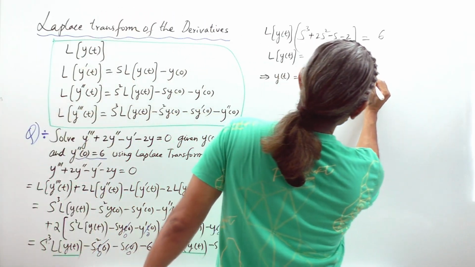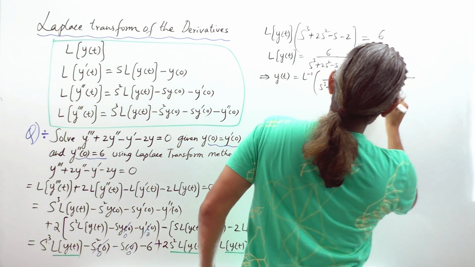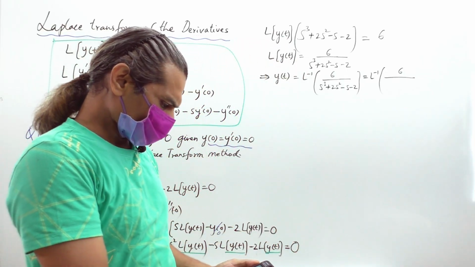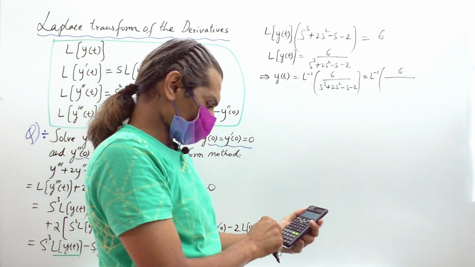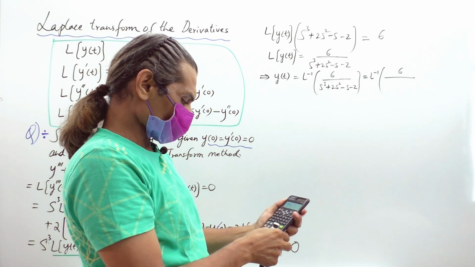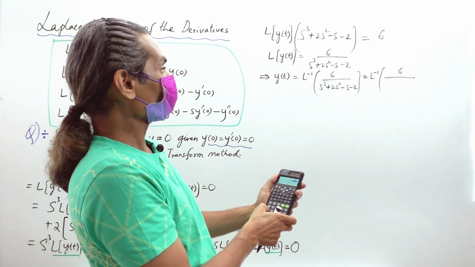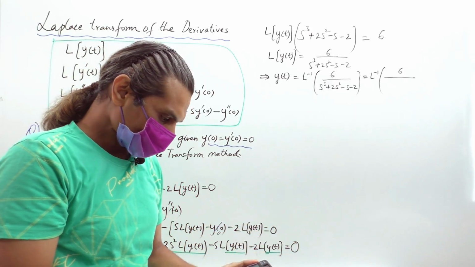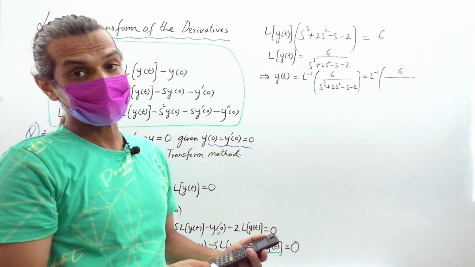So for that, let's see if we can factorize it. You can check in a calculator. We have a cubic equation, so the roots are 1, minus 1 and minus 2.